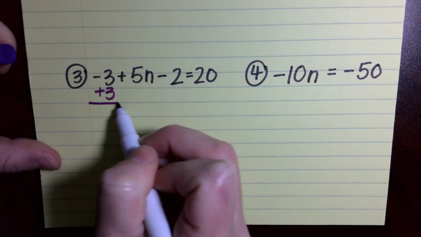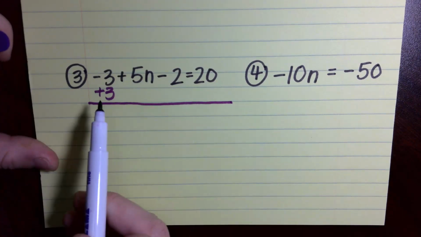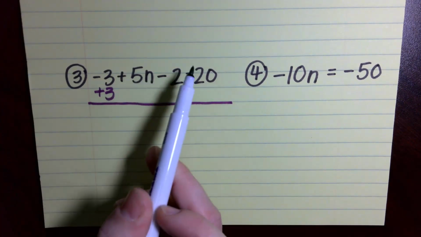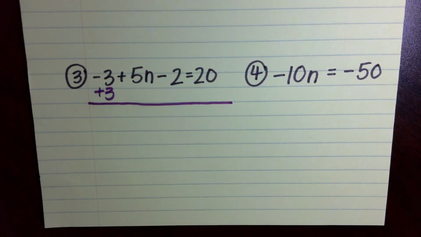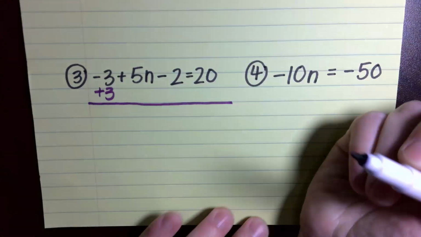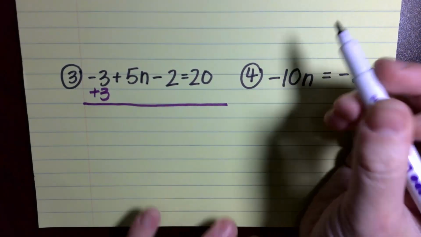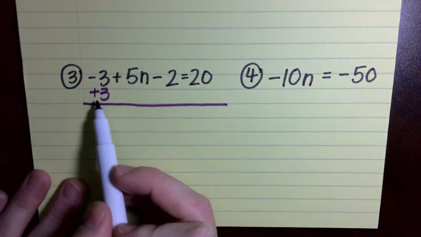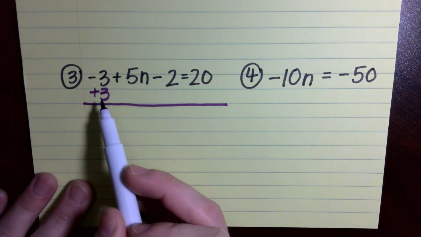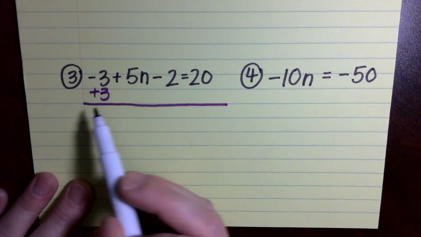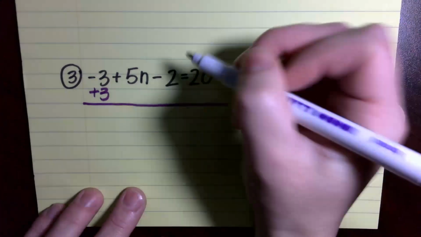Perfect. And whatever I do to one side of an equation, to keep it equal, I need to do to the other. So where else do I need to add a 3? Under the 20. Now I want to point this out because I had a student in another class really struggle to know where to put the other plus 3. Because they saw the minus 2 and thought, well, I could just put it there, right?